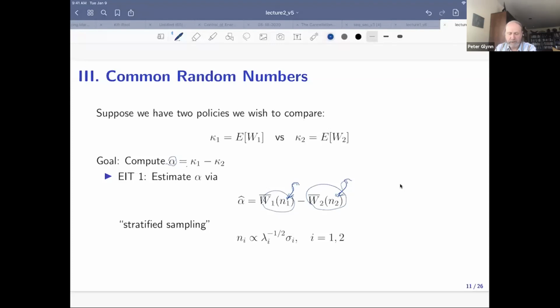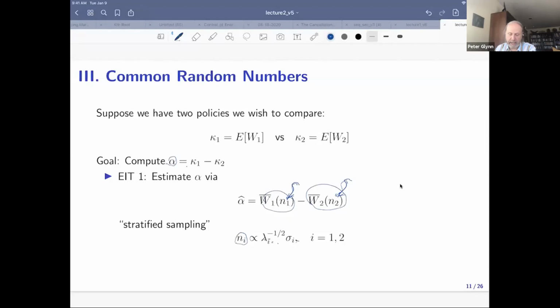And indeed, there's an optimal choice for how much sampling you should do of one stratum versus the other, of system one versus system two. And it turns out that the optimal sample size scales in proportion, by the way, not to the variance, but in proportion to the standard deviation. So you ought to choose Ni proportional to lambda_i^(-1/2) times sigma_i.